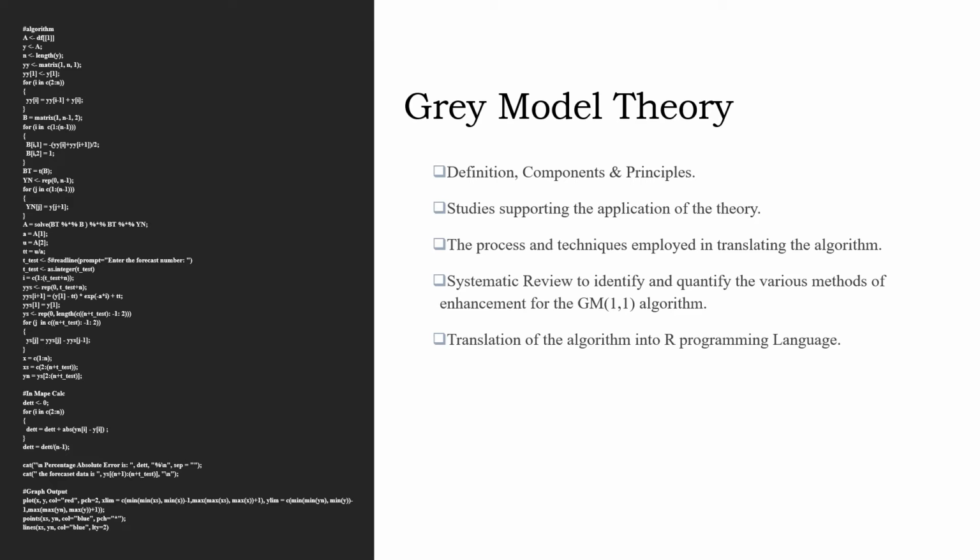So the enhanced gray forecasting model outperformed the traditional GM11, and the GM11 outperformed the back propagation neural network. So there are various other studies which show that the gray models are great when data is very limited, as is the case with Chang's study.